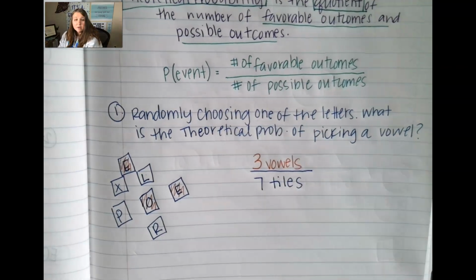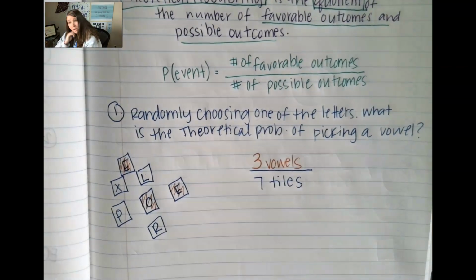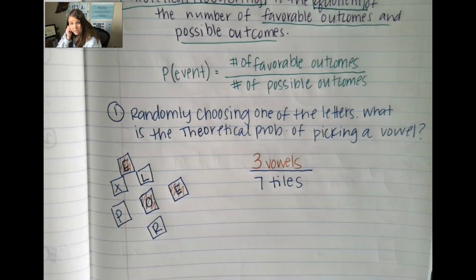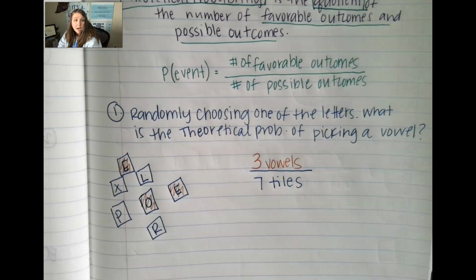So 3 out of 7. Randomly choosing one of the letters that is a vowel is 3 out of 7 tiles.